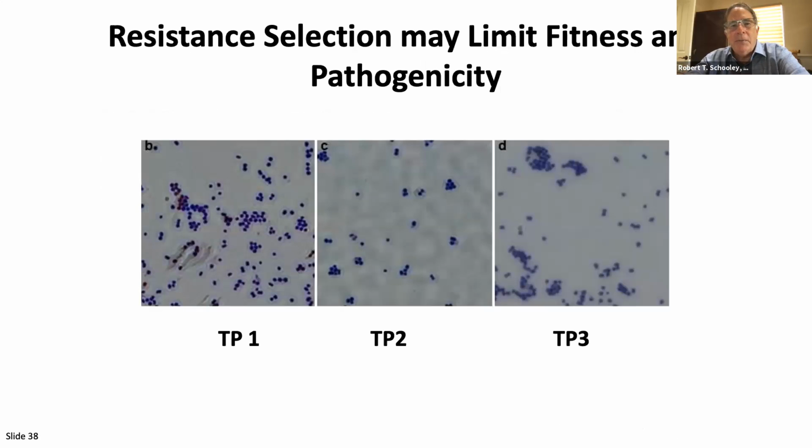In the case of these phages, what we found is TP1 was the organism pretreatment. You can see these big juicy capsules around, as a halo around the organism. This broke down and degraded over the course of as you went through the isolates.